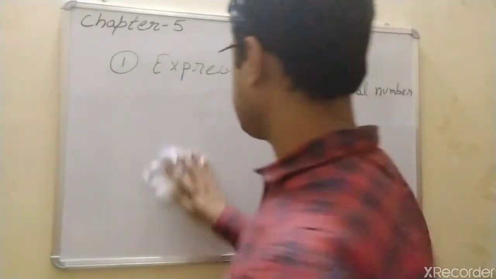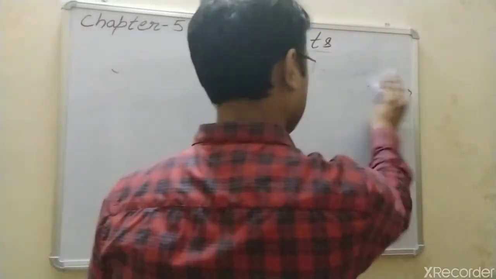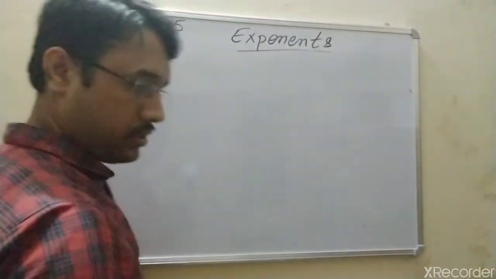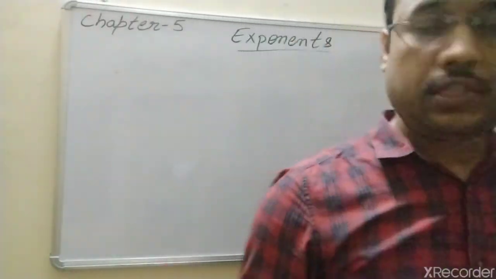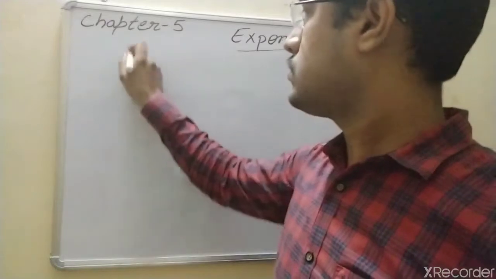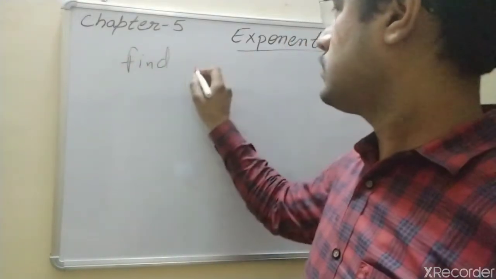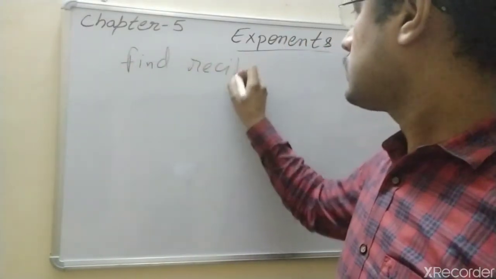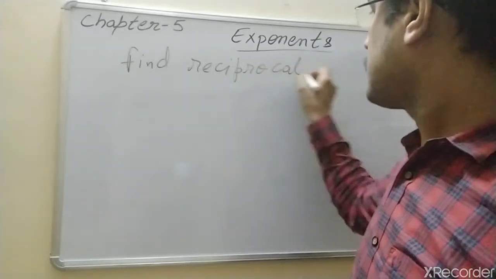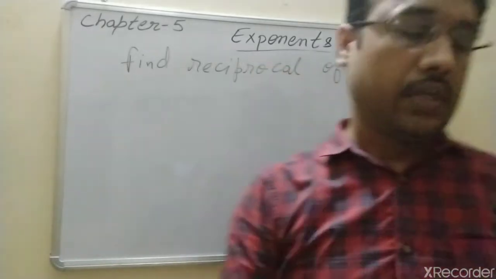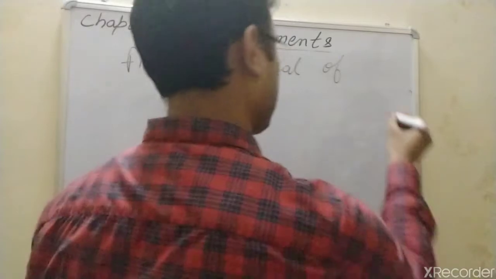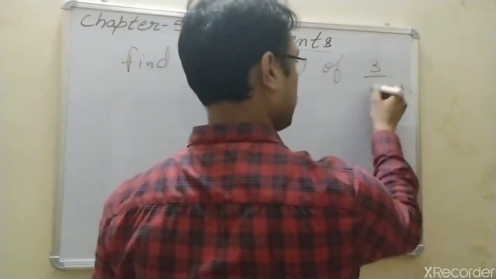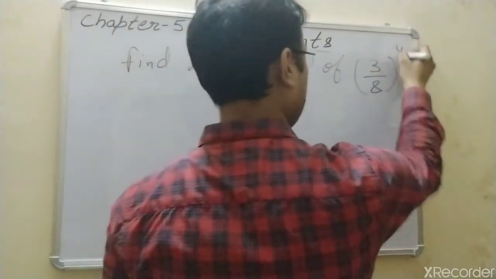Yes, now the second question is this. Based on these rules, that is finding the reciprocal. Find the reciprocal of the number given, 3 by 8 to the power 4.